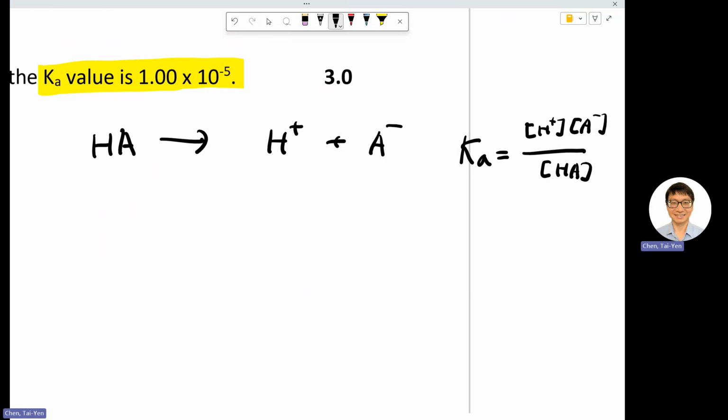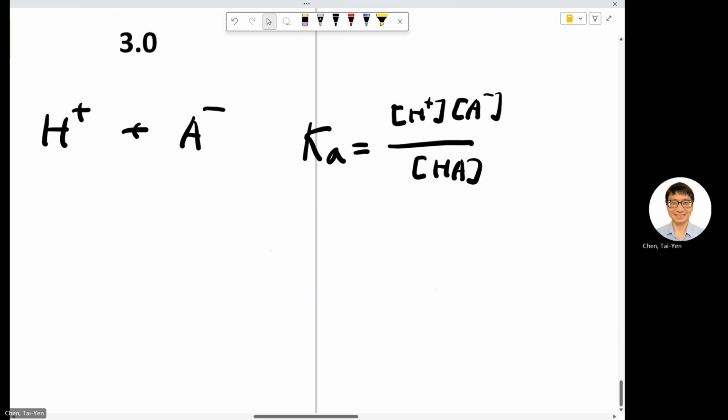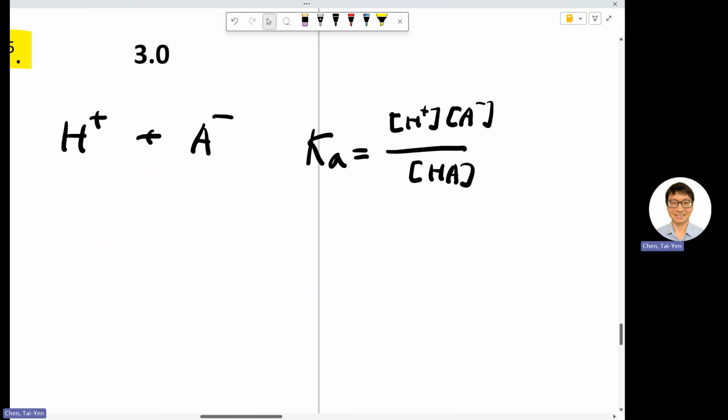The reason it's labeled with a subscript A is that it's the equilibrium constant for an acid. Later on we'll see Kb, meaning the equilibrium constant for a base. So now you see this Ka equation. What is the denominator? The concentration of your acid, right?